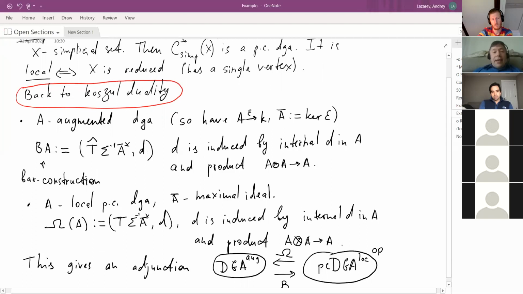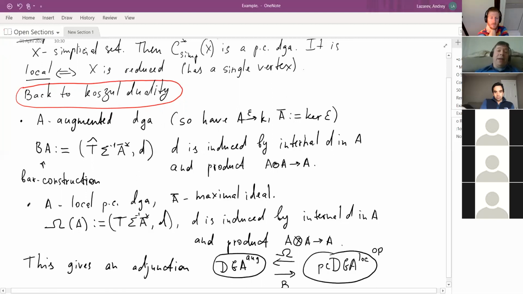So let's say that A is an augmented DGA. This condition that it's augmented is not necessary, but it leads to some simplifications. It's possible to formulate everything in the non-augmented case. Nevertheless, all the ideas are already present in the augmented case.